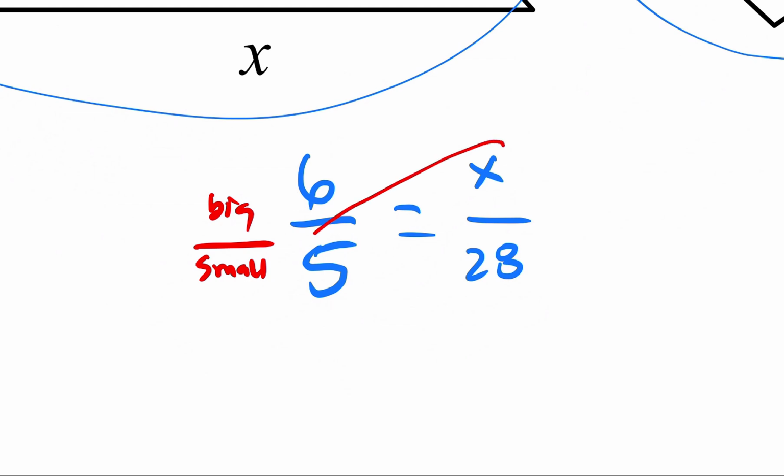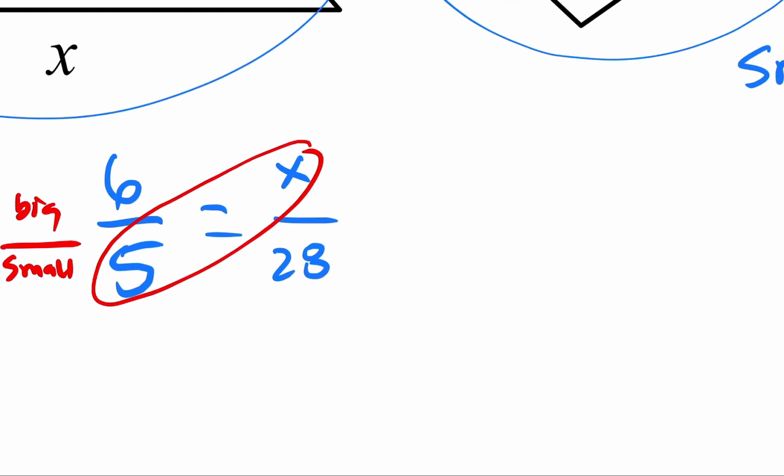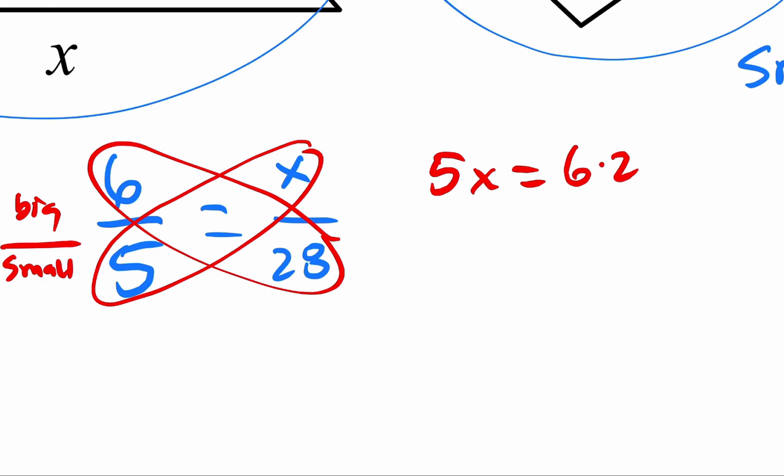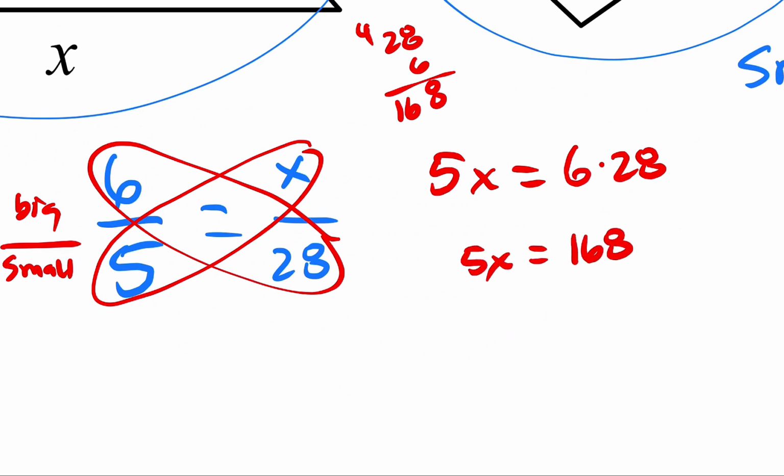So now we cross multiply, right? 5 times x has to equal 6 times 28. And what's 6 times 28? 6 times 8 is 48. 6 times 2 is 12, plus 4 is 16. So 168 equals 5x.